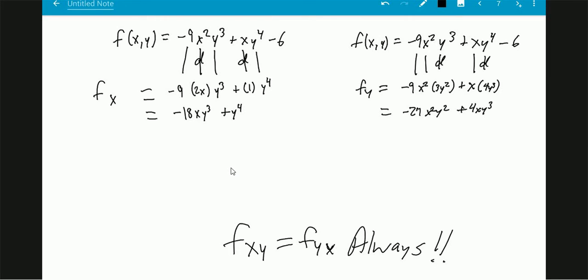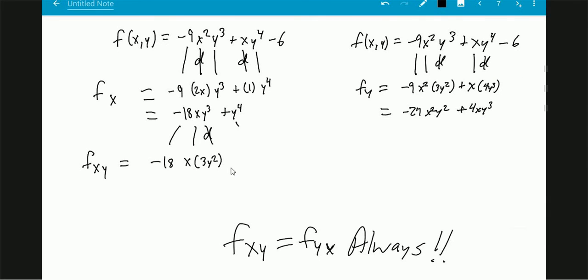Alright, I've got my two first derivatives here. If I look at f sub x, I will need to do the derivative with respect to y, f sub xy. Okay, negative 18 could come down, x could come down, I'm only doing the derivative of y. So it's going to be a 3y squared there.